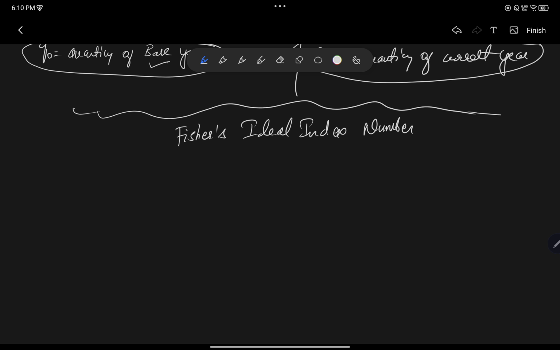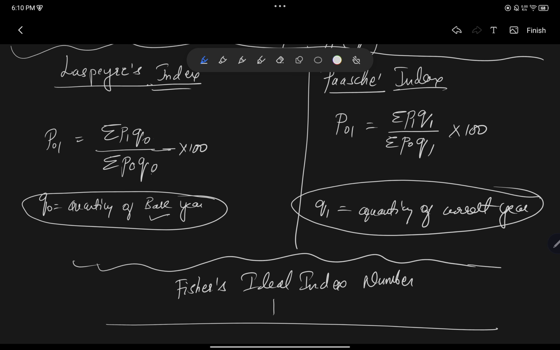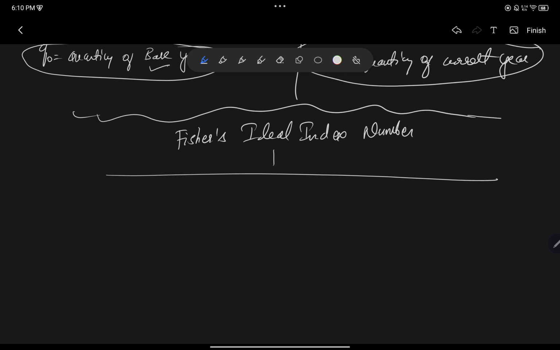He came and said, both of you are not wrong. Let me make a new formula by using both the formulas. He used the formula of Paasche as well as Laspeyres, and he created a new formula just by giving a square root.